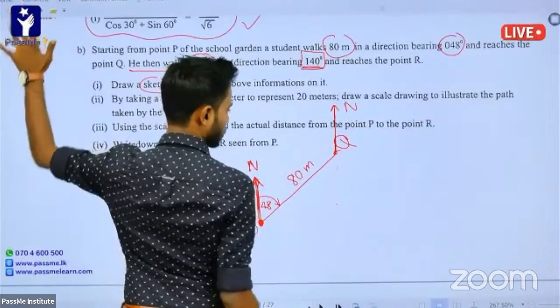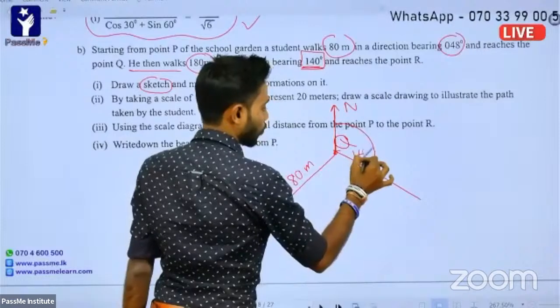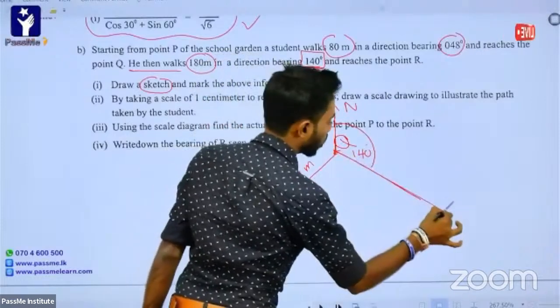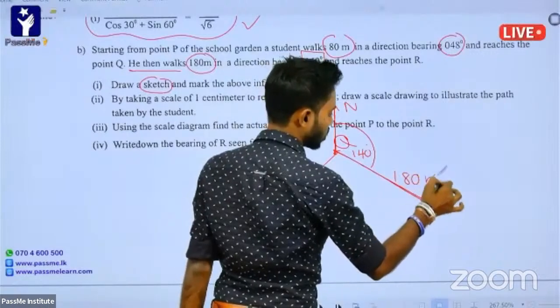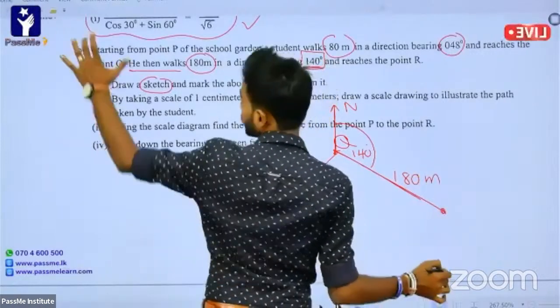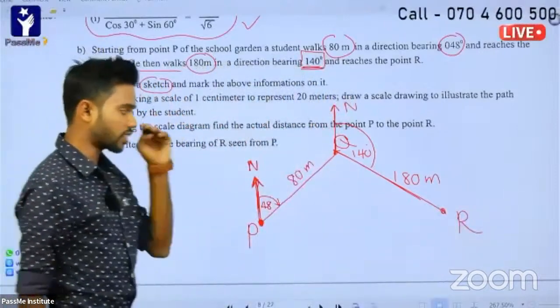It should be an approximate direction, right? 140. So you are trying to walk 180 meter and mark it and then reach R. Okay, there is a point called R here.